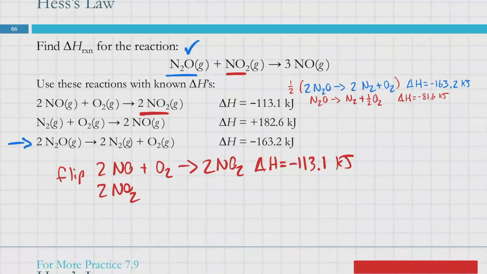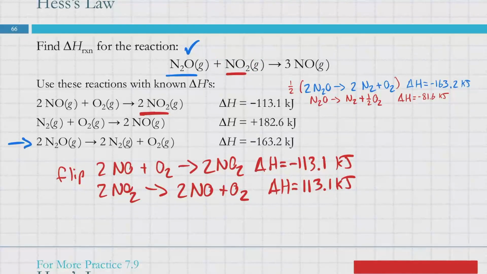So 2NO2 goes to 2NO plus O2. How does our delta H change when we flip it? Yeah, it flips to positive. So now it's 113.1 kilojoules. Does our NO2 that we have in our reaction down here match up? Is it exactly the same as our NO2 in our desired equation? It's not, right?